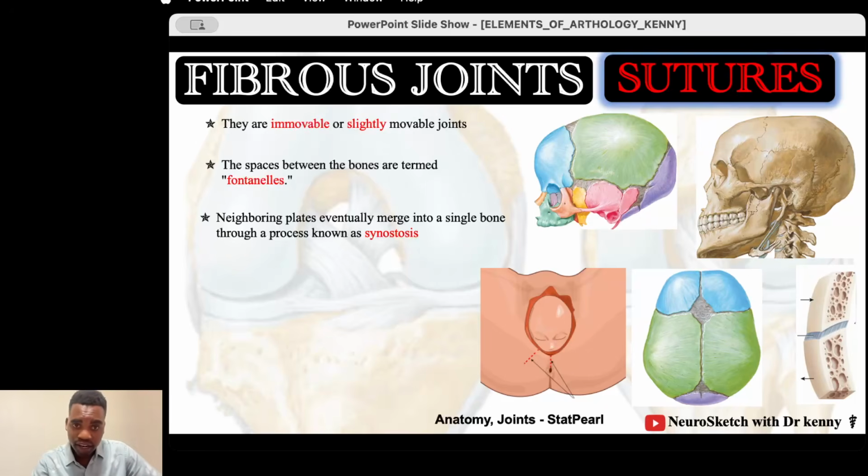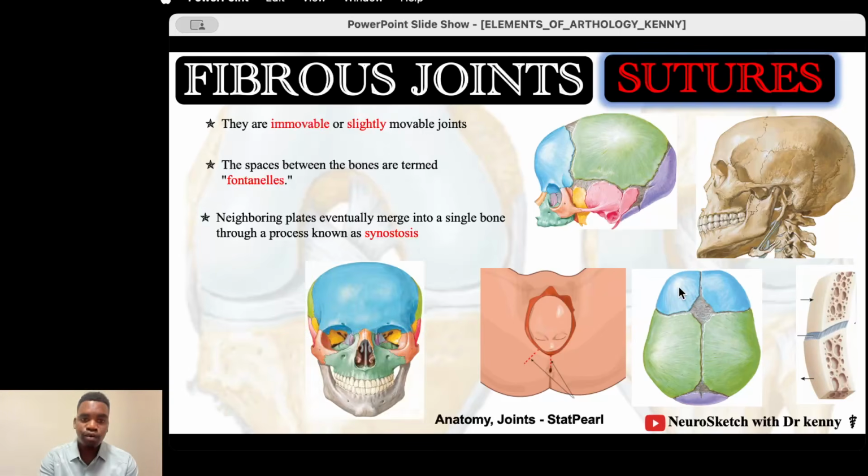We have the junctions, the spaces that are left by the sutures, and we call them fontanelles. These are the two most clinically relevant fontanelles. This is the anterior fontanelle, and this is the posterior fontanelle. A baby is born with two frontal bones, for example, but these bones sometimes fuse to form one bone.